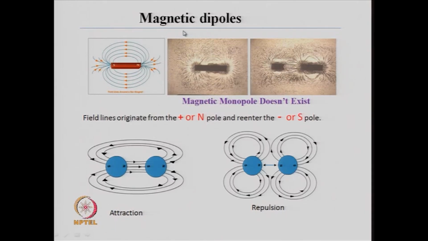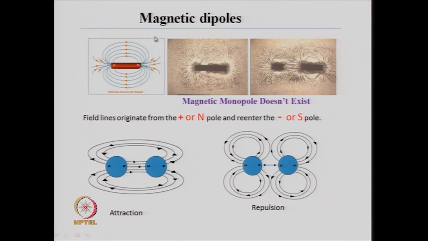Like electric dipoles, you have magnetic dipoles, and these dipoles we normally represent as north and south. Sometimes we write plus and minus, but more so in electric dipole moment we use plus and minus, whereas for magnetic dipole moments we normally use north and south, and these lines show you the magnetic lines of force in the presence of a magnet.